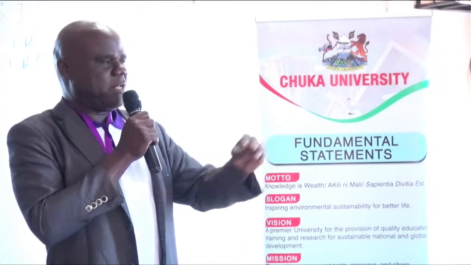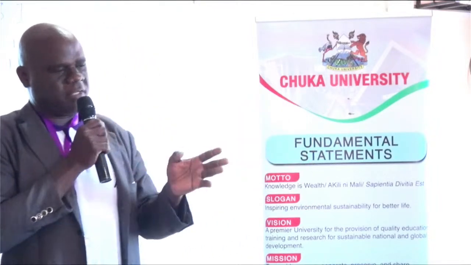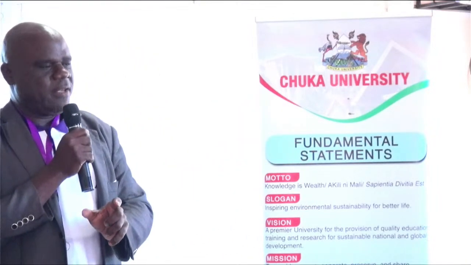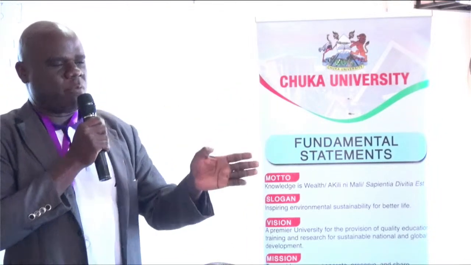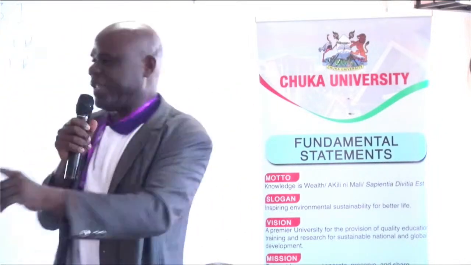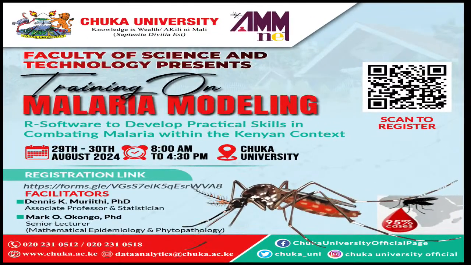So using that, you're able to predict that if this intervention reduces or increases the distance by this much, then the prevalence of malaria will increase or reduce by this much. So we call that genomic modeling of malaria, right?